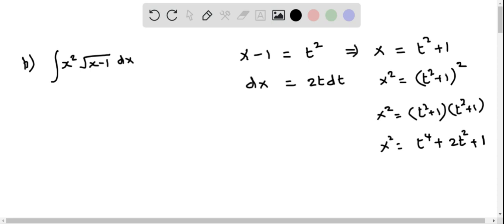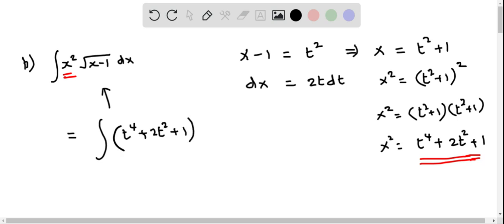Now we have done the substitution. So we get into our integral and replace all the x as well as the dx. Everything should be in terms of t. So now we have this x squared, which could be replaced as t to the power 4 plus 2t squared plus 1. So this integral is equal to the integral of t to the power 4 plus 2t squared plus 1, times under the root x minus 1.